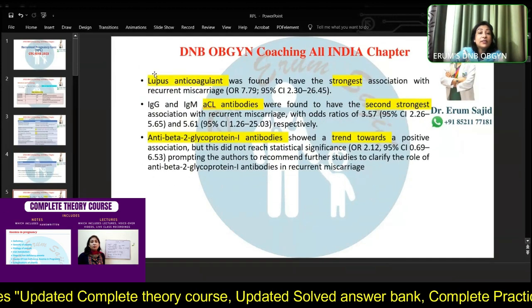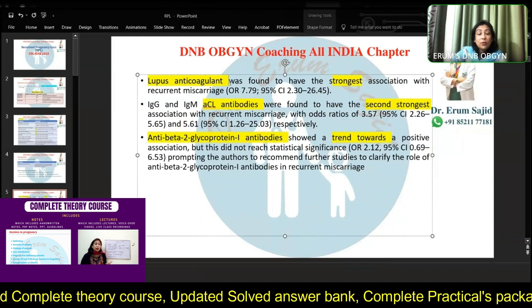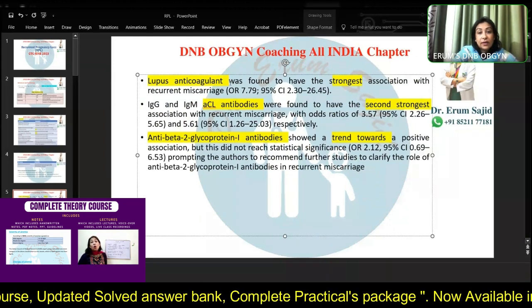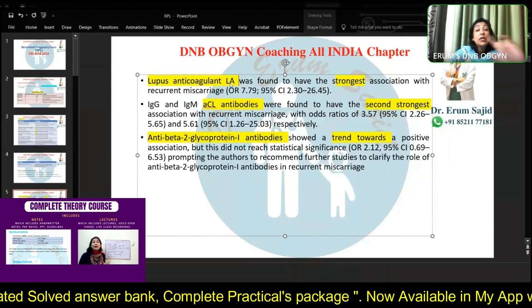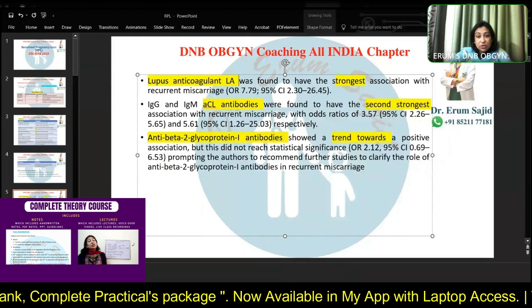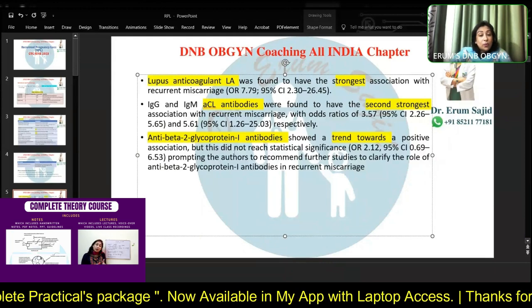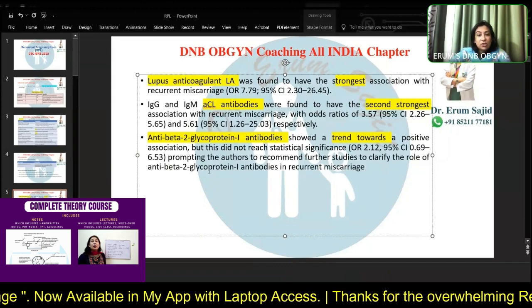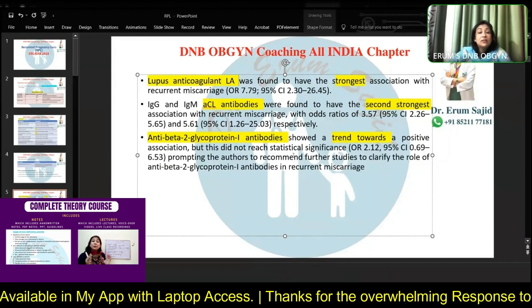Now, look at this. Lupus anticoagulant, I'm going to write it down. Lupus anticoagulant was found to have the strongest association. ACL has the second strongest association. Whereas anti-beta-2 glycoprotein antibodies show a trend towards positive association, but it did not have statistical significance.